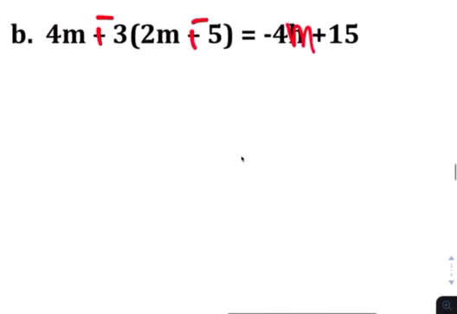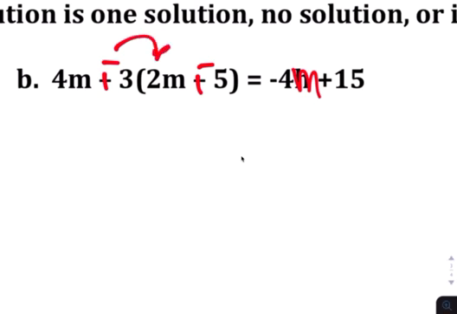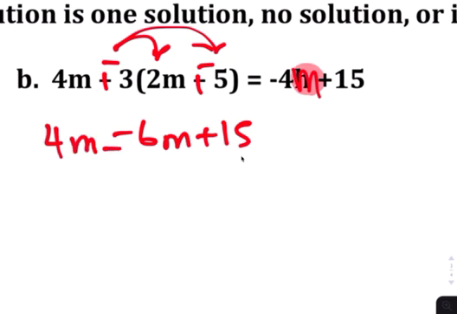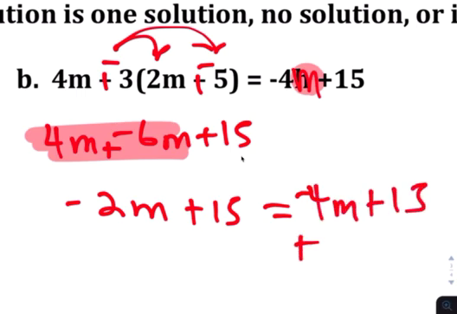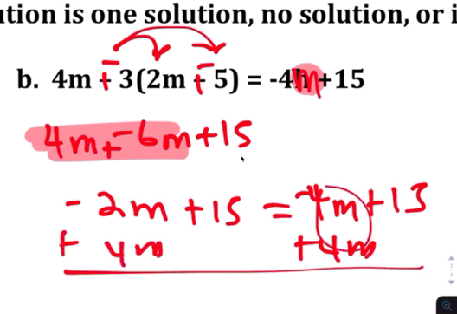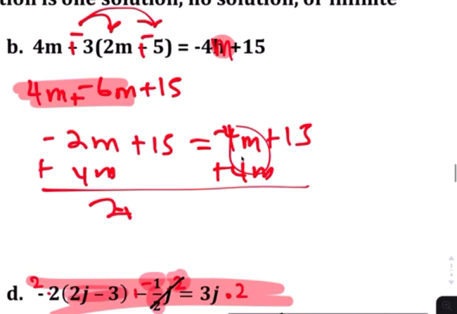Additive inverse. This should be an M and not an H. Typo. Negative 6m and plus 15. 4m, add them together, combine these two, you get negative 2m plus 15. Add 4m, 2m plus 15 equals 15.